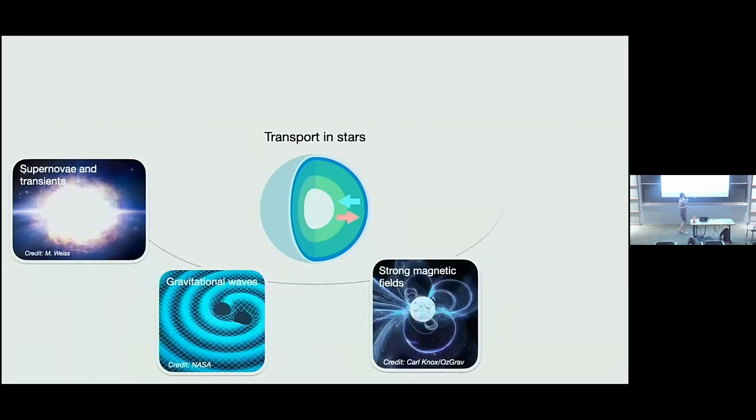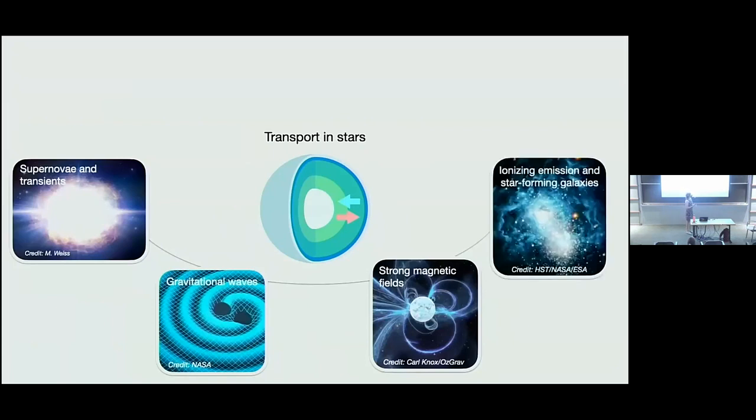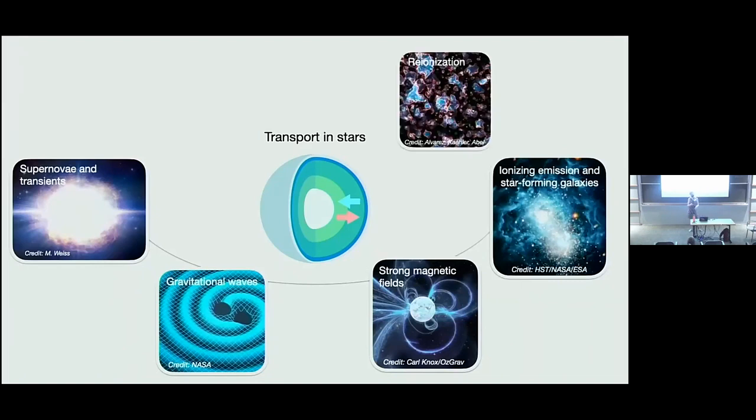You can have differences in the magnetic fields of compact remnants, so there are really strong magnetic fields, for example. And if you have efficient mixing, the star becomes smaller, hotter, and emits more ionizing radiation, which changes how galaxies look. That ionizing radiation can really boost cosmic ionization, for example.